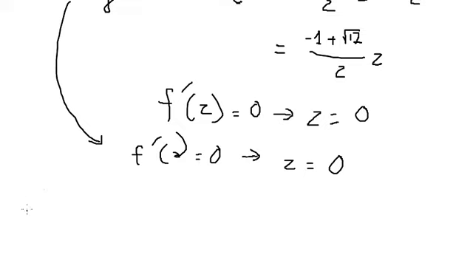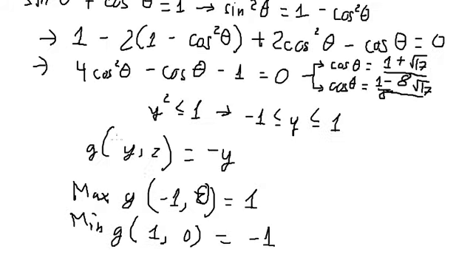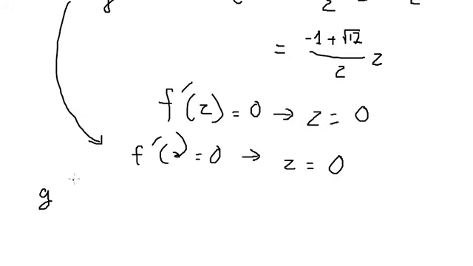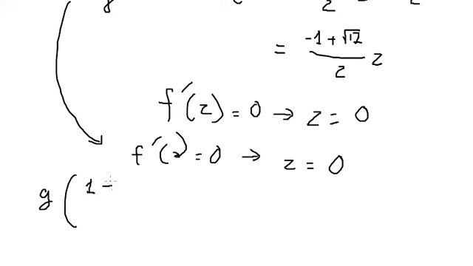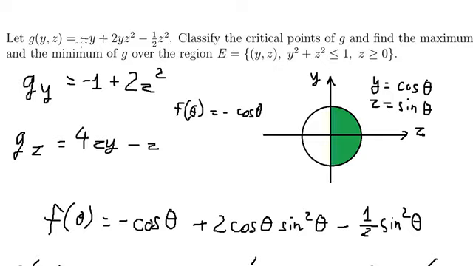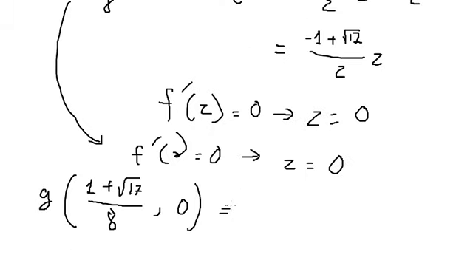And now we can simplify, and we can put this number in here. So if we put this one going here, we have negative these numbers in here.